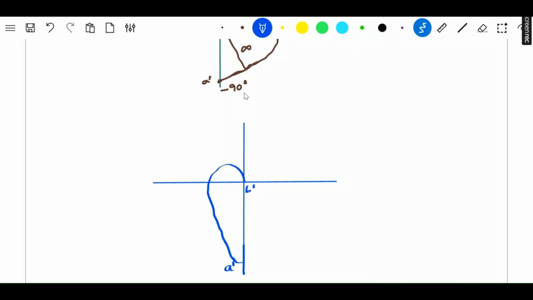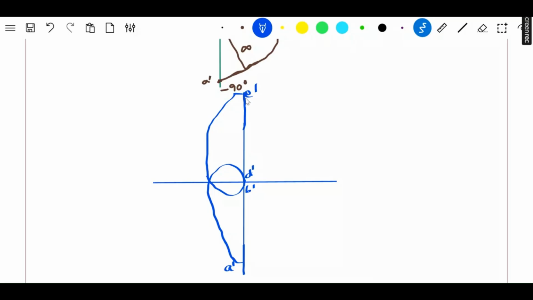And we also saw another curve which is going in this direction, which is meeting the other points, D dash and E dash.